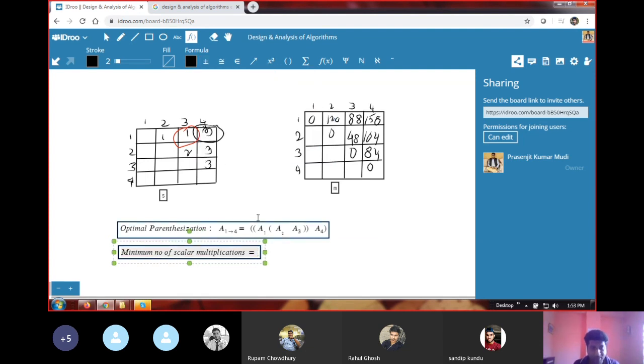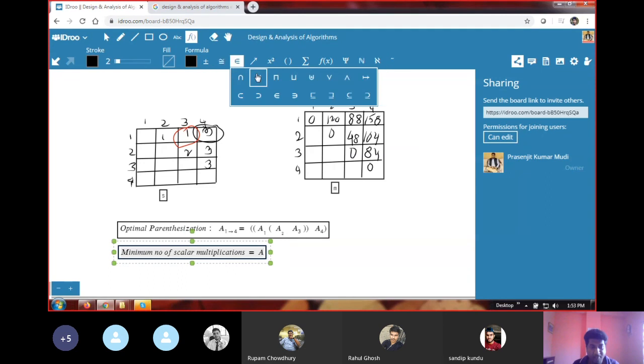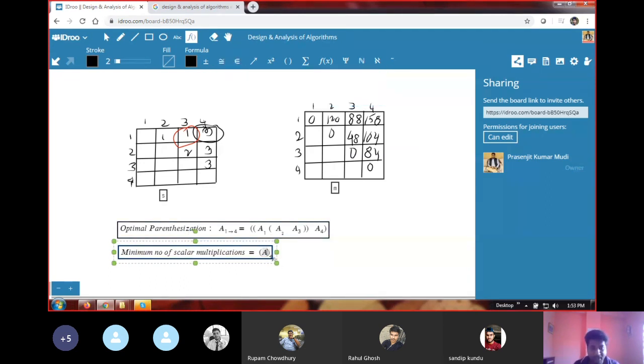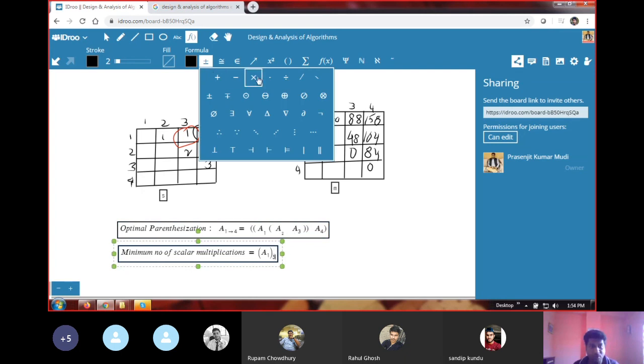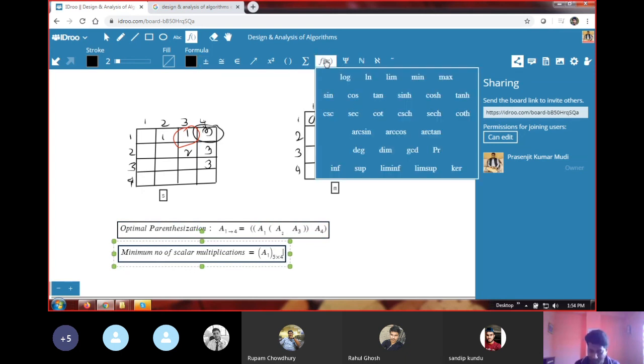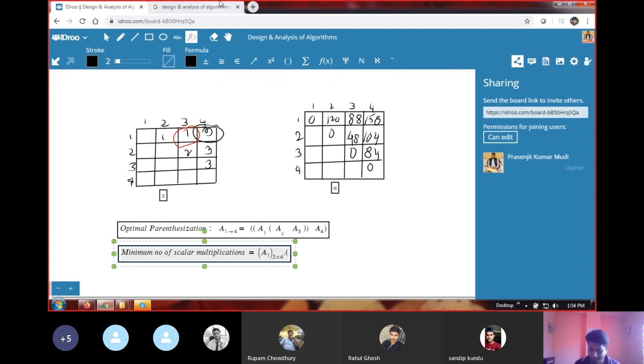Let me write in this manner. So A, inside which A1 suffix, this is my notation, so for your convenience I prepared this. A1 is 5 cross 4, then a dot product with here.